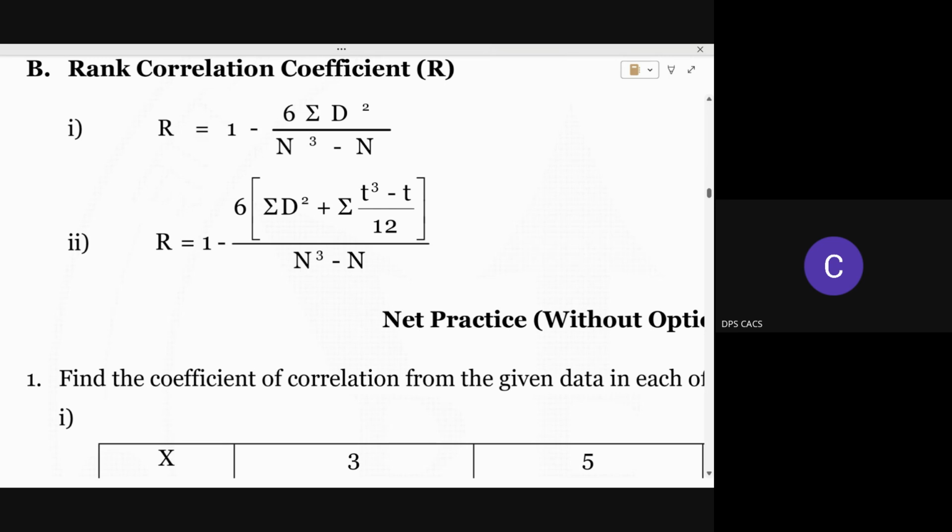Write the formula, learn it by writing. But learning the formula is very important.